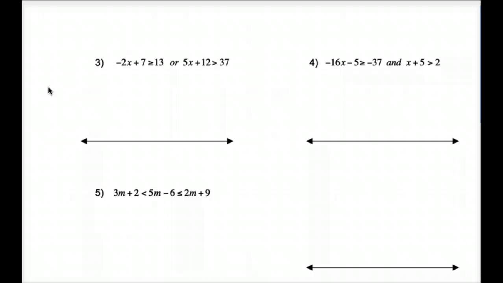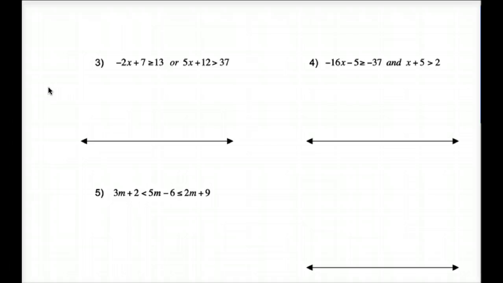How is this one going to get graphed? Probably, guys, put your thumbs out. This is probably going to go like this. What about the special cases? We're going to do the special cases tomorrow, where we might have an or that goes like this. Worst case scenario, what if we have an or that goes like this?